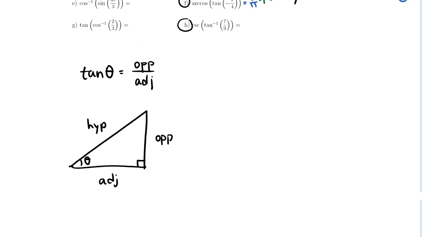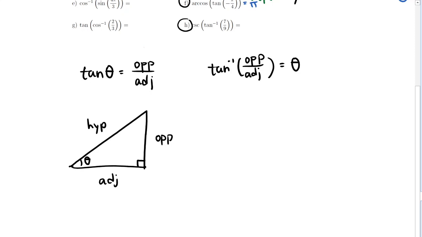And so here, if I want to consider tangent inverse in the context of right triangles, the idea is that if I take tangent inverse of a ratio, and I view that ratio as the opposite over adjacent side lengths of a right triangle, it's going to give us back the angle that has those relative positions of opposite and adjacent on our triangle.